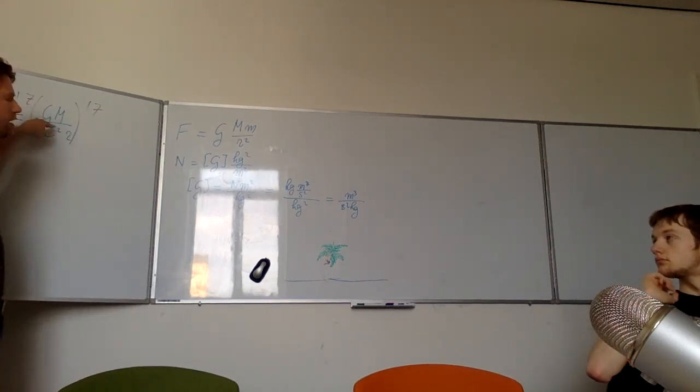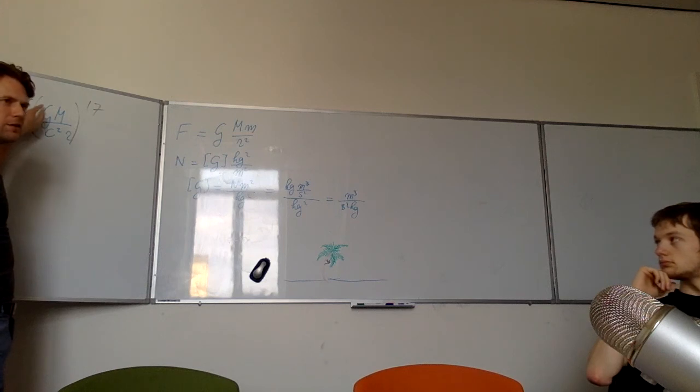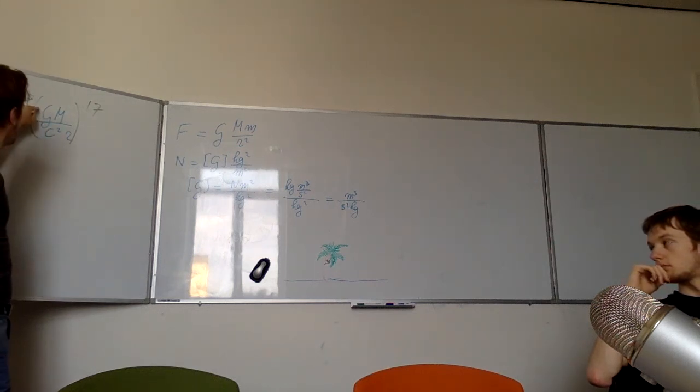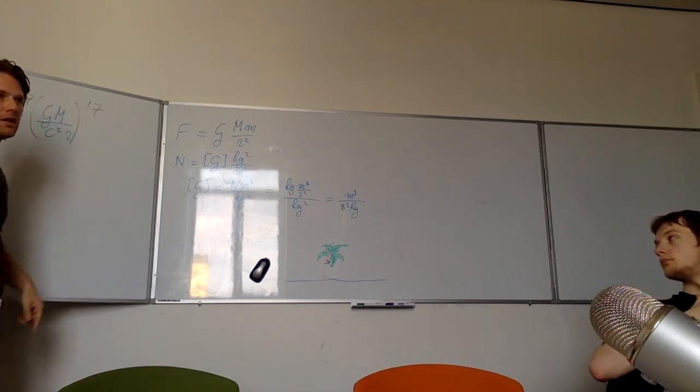This thing, if you plug in the numbers, we talked about this before, I forget what the number is, it's 10 to the power minus 11 divided by c squared, which is about 10 to the power minus 28. This is a very small number for a given m and r.